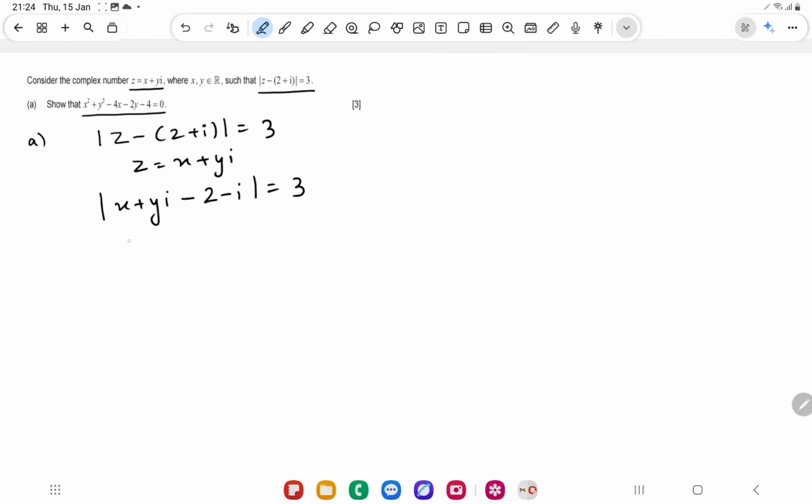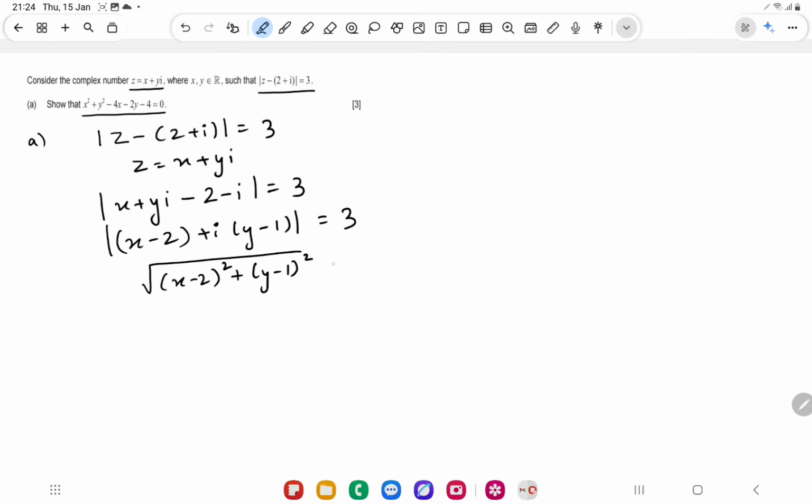Now I will separate real parts to one side and imaginary parts to the other. I will get this equation. Since it is in modulus, to remove the modulus we have to square x minus 2 and y minus 1, that is equal to 3.